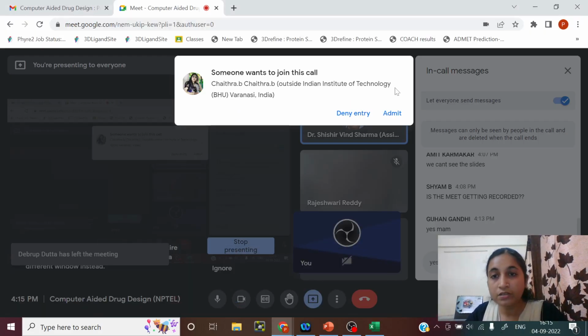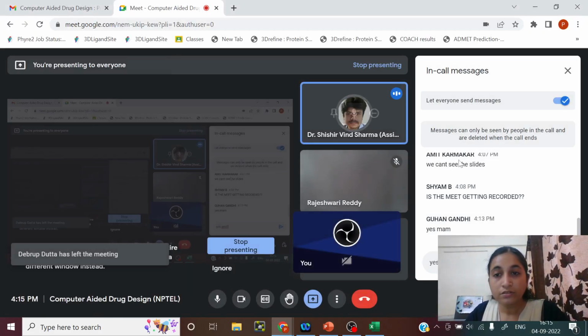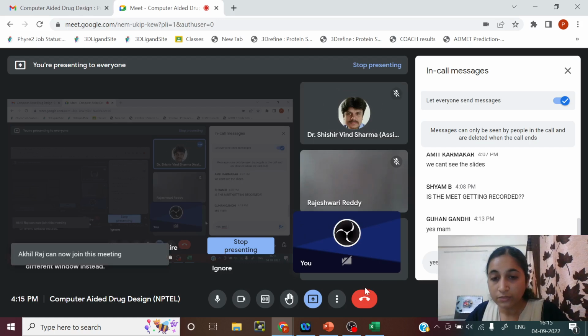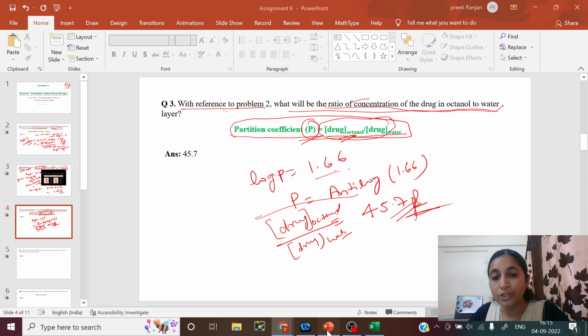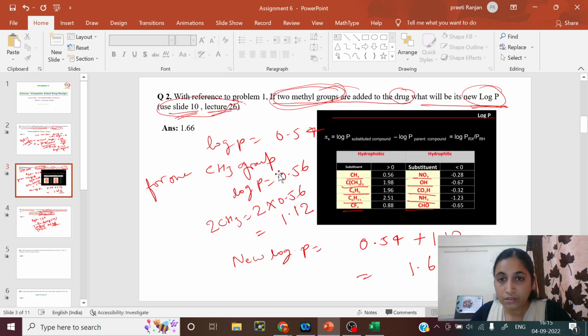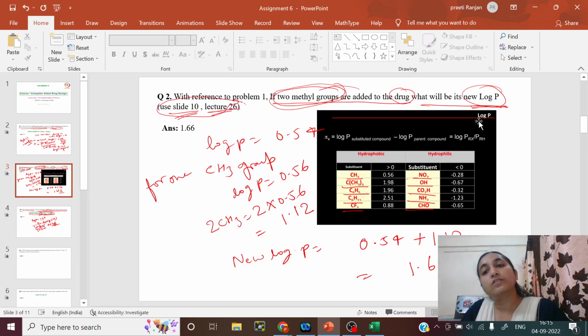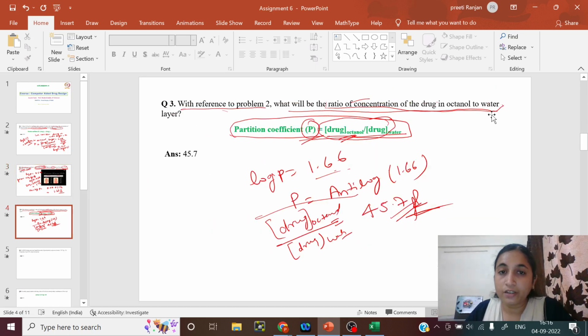Then how will we calculate? Think like this. What is the formula?